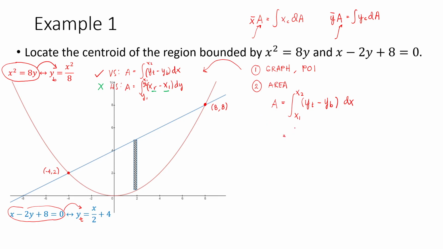All right, so the area is from y top, that will be x over 2 plus 4, and then minus x squared over 8 dx. So from x sub 1 to x sub 2, this will be the boundary in the x direction, from negative 4 going to 8.